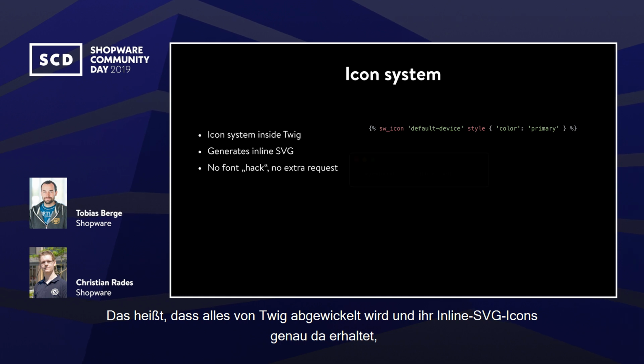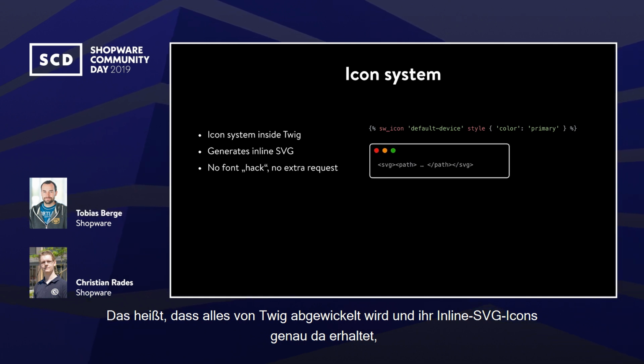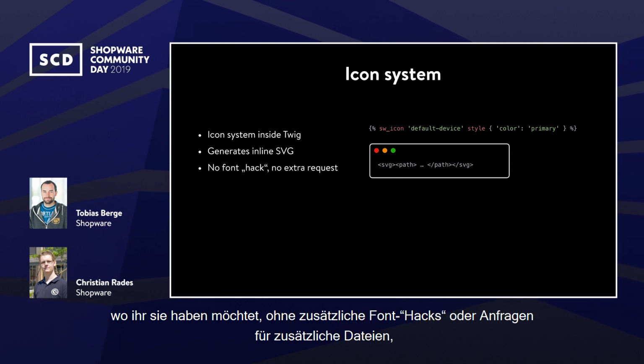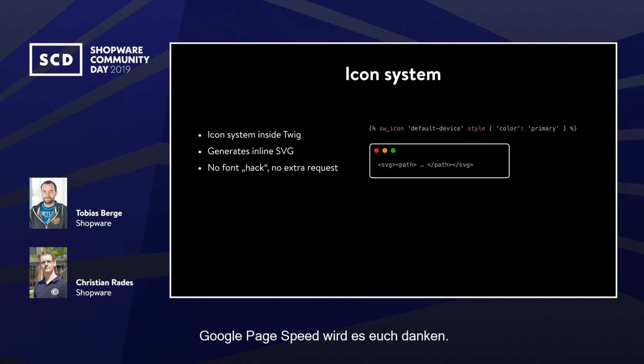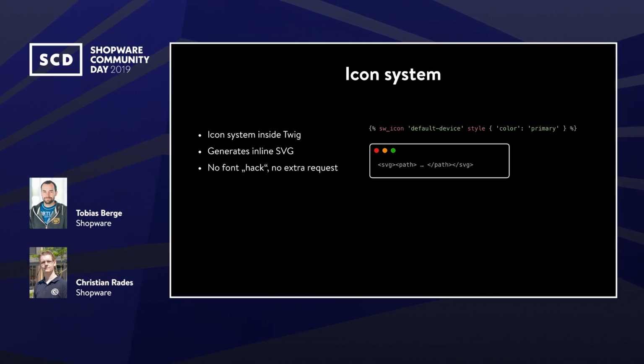So this means it's all handled by Twig, and you only get inline SVG icons right in the place you want to put it. And you don't have extra font hacks or additional requests for additional files. It's all being cached and handled by Twig. And basically Google PageSpeed will be really happy about this.